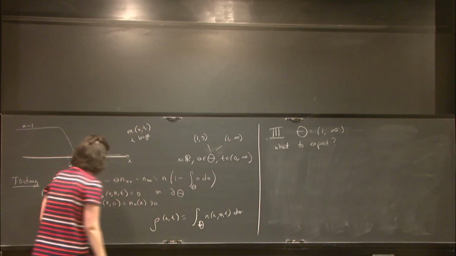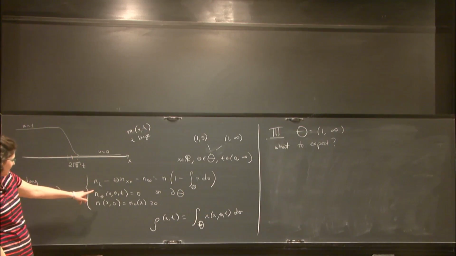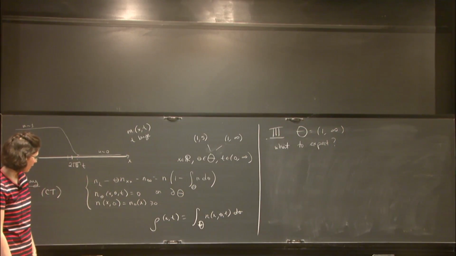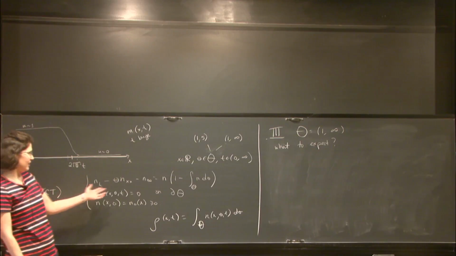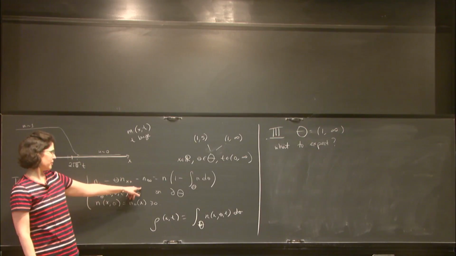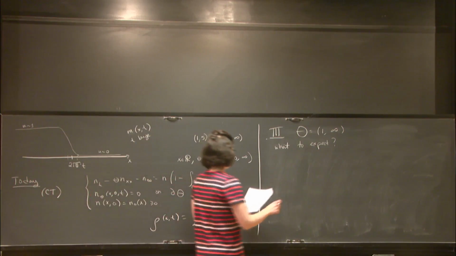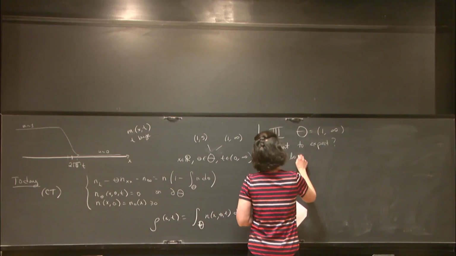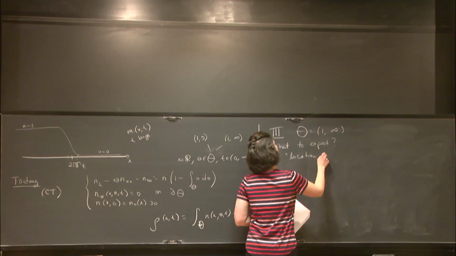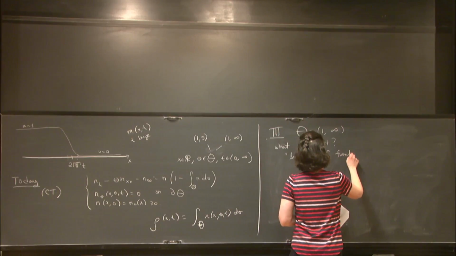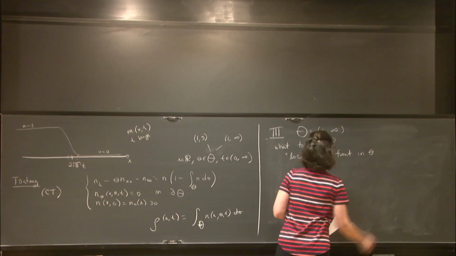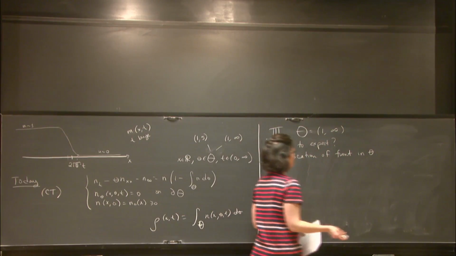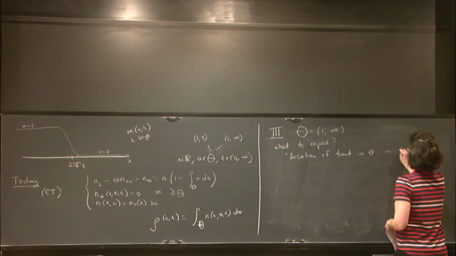Well, if I just look at what's happening in the theta variable, it's sort of KPP-like, right? There's no diffusion coefficient. And we know that for KPP-like things, the front travels linearly.